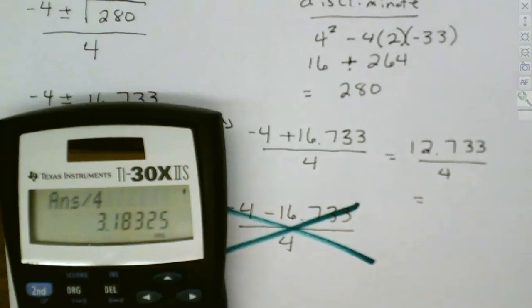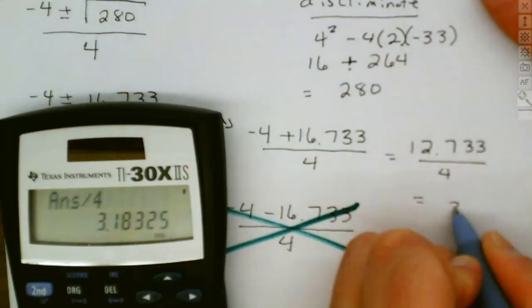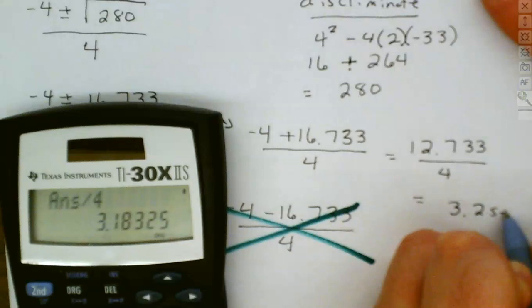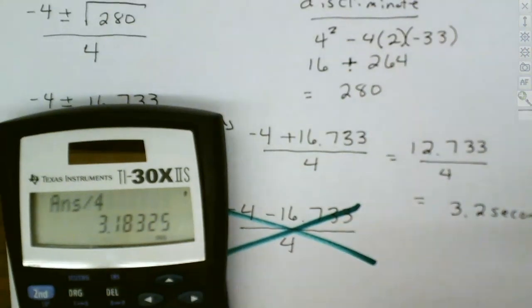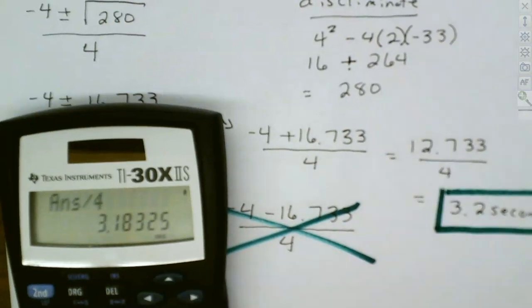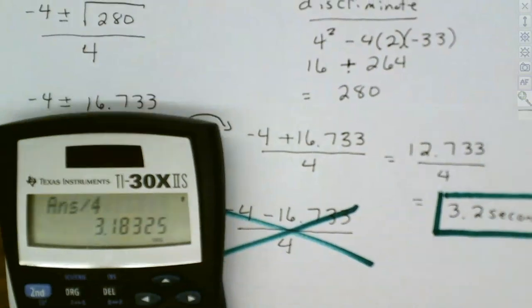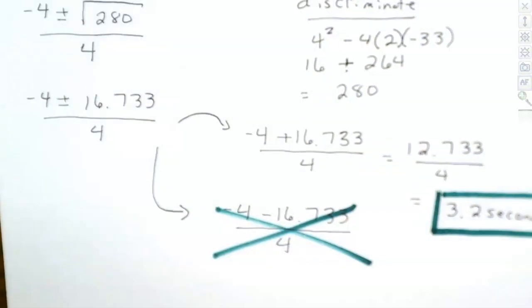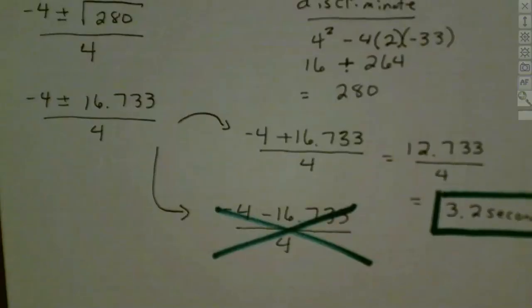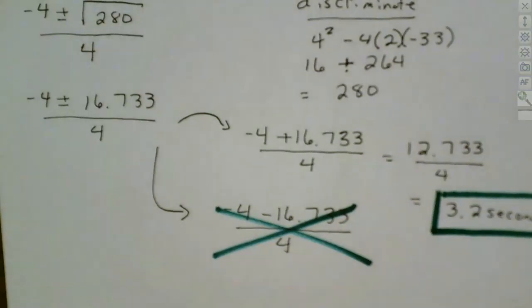So I'm going to round this to the nearest 10th. So that's going to be 3.2 seconds. And that makes sense because that's a legitimate time. If you threw something up in the air, it takes 3.2 seconds for it to come back down.